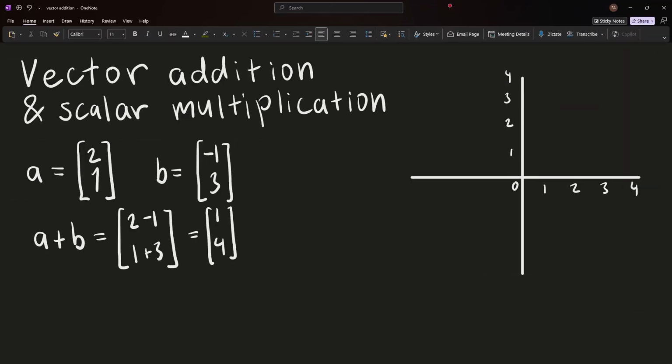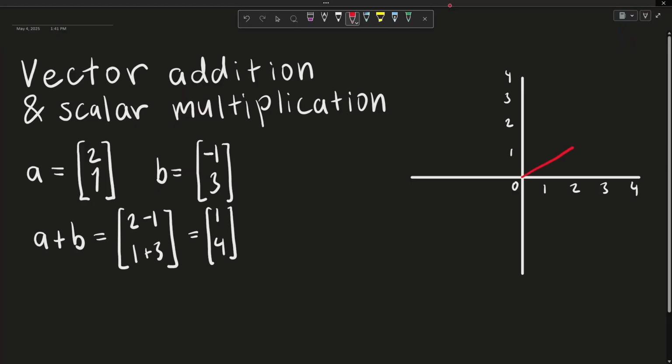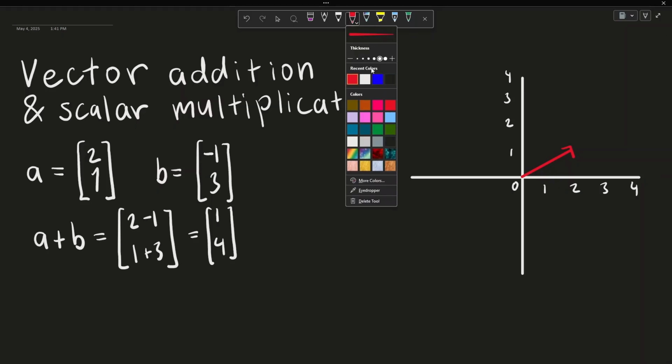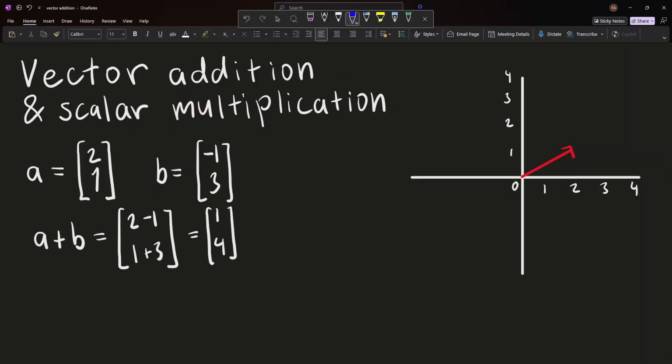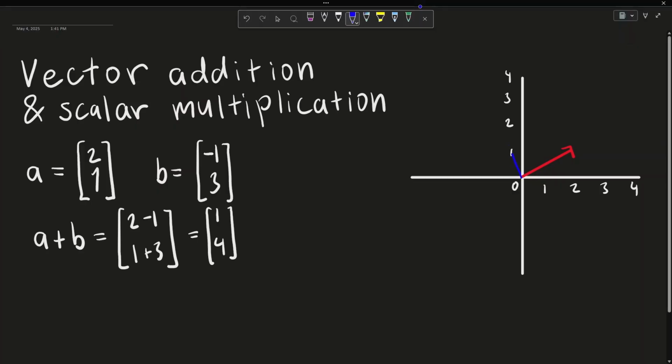And so if we were to draw vector A as 2, 1, so that's 2 on the x and 1 on the y, like this. And vector B, we'll do it in blue, and that's -1, 3, so -1 in x and 3 in the y, something like this.